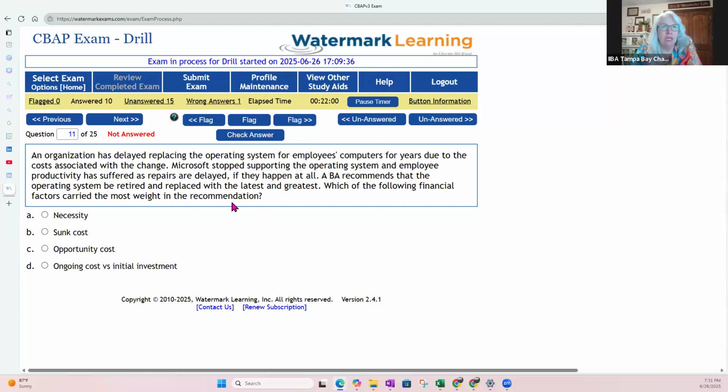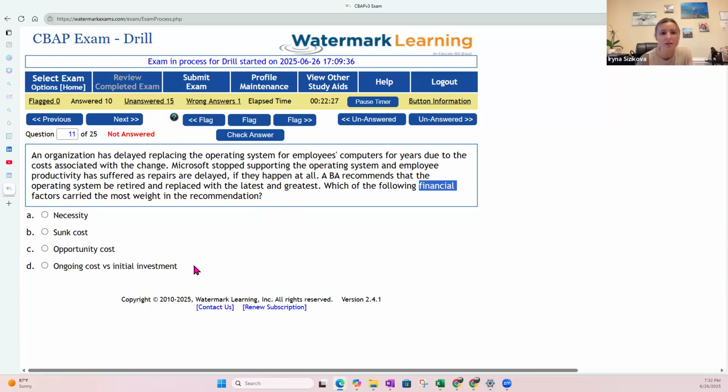So that's the last task in chapter 8 because there is a solution in place. Is it necessity, sunk cost, opportunity cost, or ongoing cost versus initial investment?